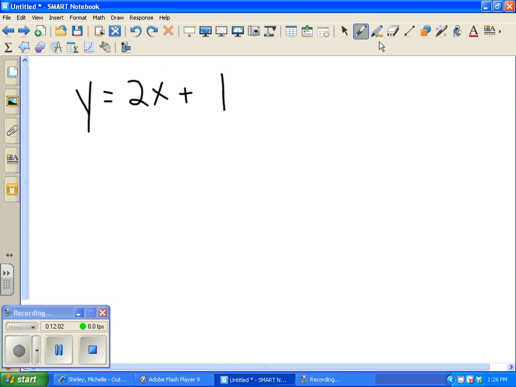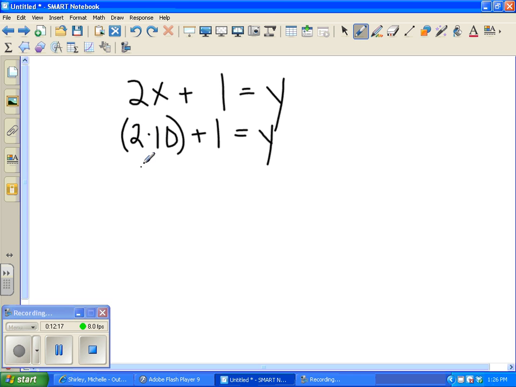I could write it like this, or I could write it like this, like they just did. And now they're saying, what if x equals 10? So I would do 2 times 10 plus 1 equals y. 2 times 10 is 20 plus 1 equals y. So hey, if x equals 10, 21 is what y equals.